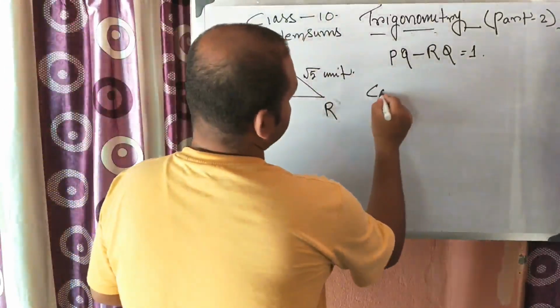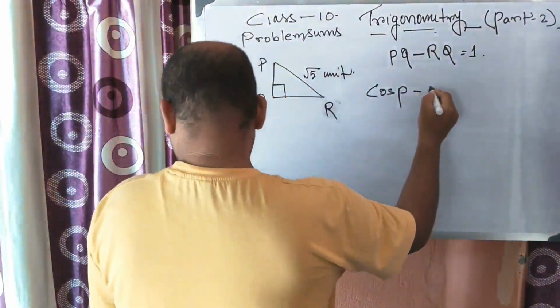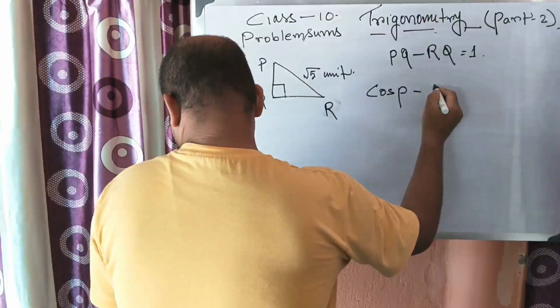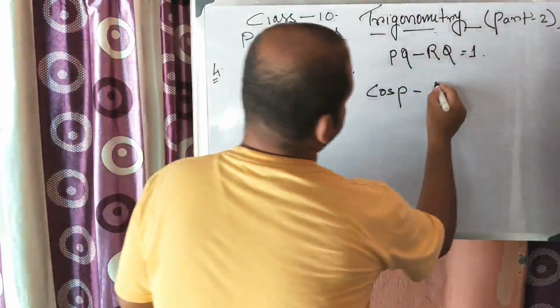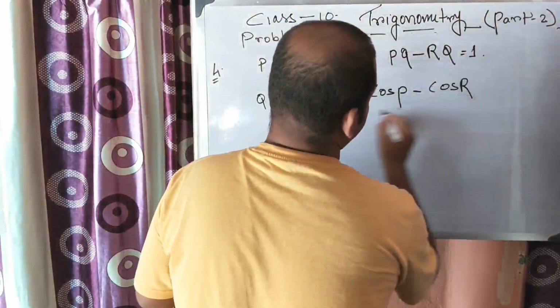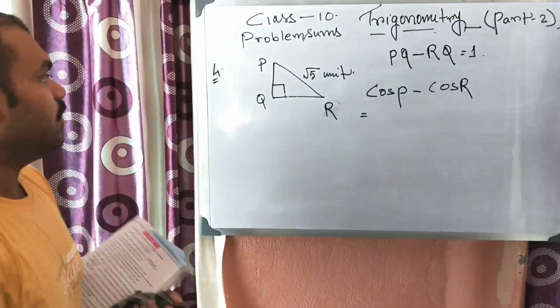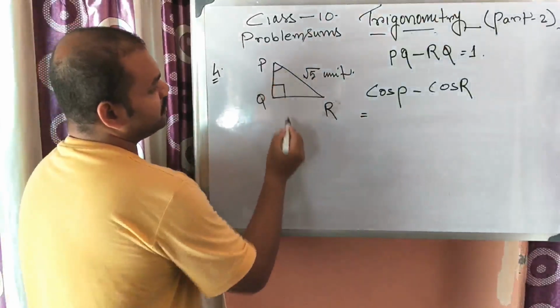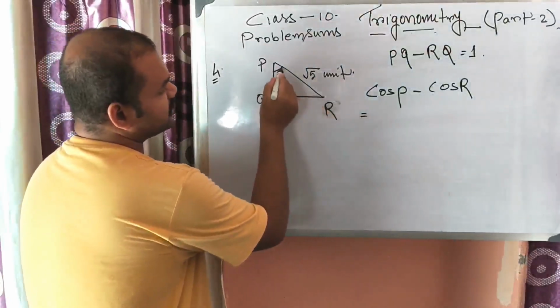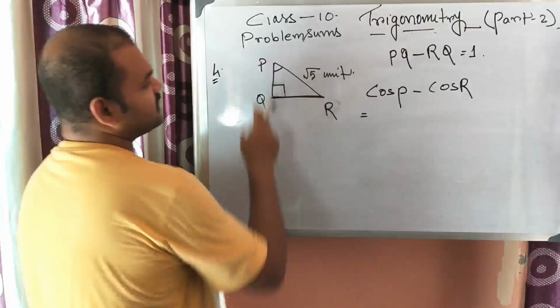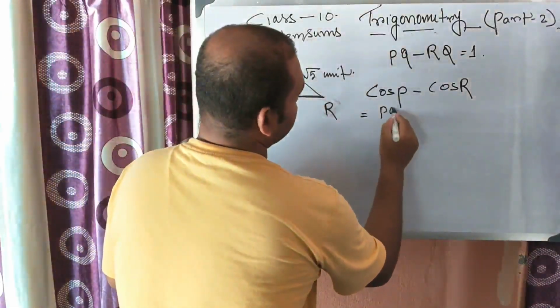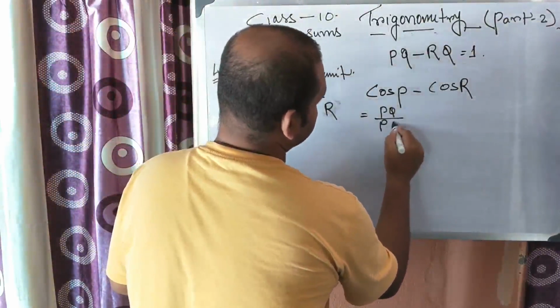Cos P minus cos R. Now with respect to P, the opposite side is the perpendicular. So the base is PQ, so cos P will be PQ by PR.